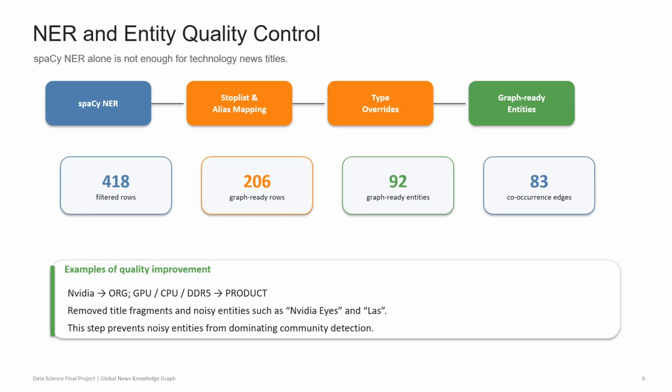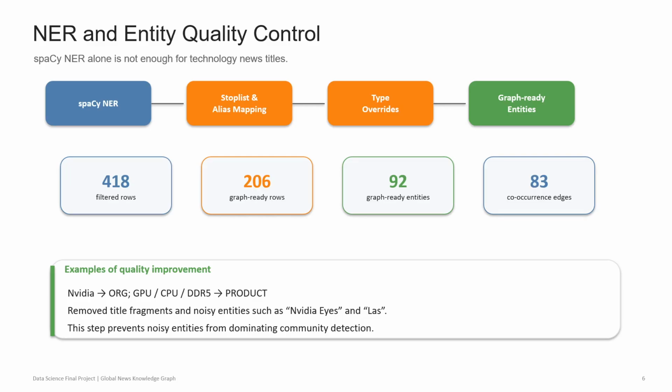To improve entity quality, we add several cleaning steps. We use a stop list to remove noisy title fragments. We use alias normalization to merge different names such as US, U.S., and United States. We also use type override to correct important entities, such as setting NVIDIA as ORG and GPU as product.